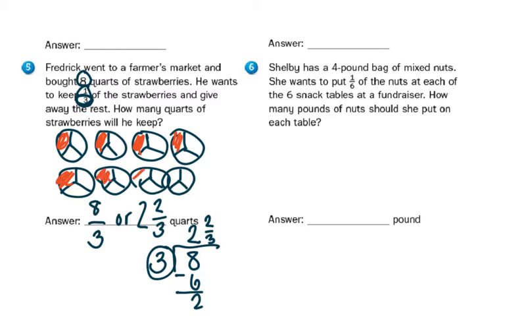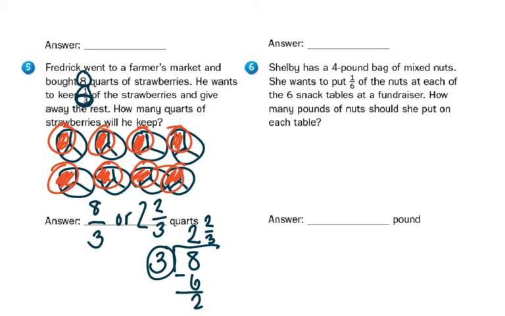Go ahead and shade yours in as well. Remember, if you ever need additional time, just pause the video. So this would be 1/3, 2/3, 3/3, 4/3, 5/3, 6/3, 7/3, 8/3. And together that would be 2 and 2/3.